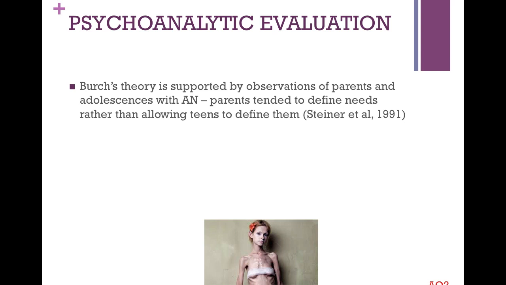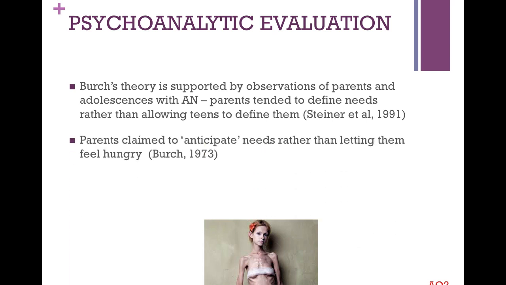So that supports the theory that they are ineffective parents, that they're not allowing their children control over the situation, and would suggest that they are then turning to their body as a way of having something to control. The parents claimed that they anticipated the needs of their children better than their children did, again supporting this idea that the children would then react by controlling their bodies.